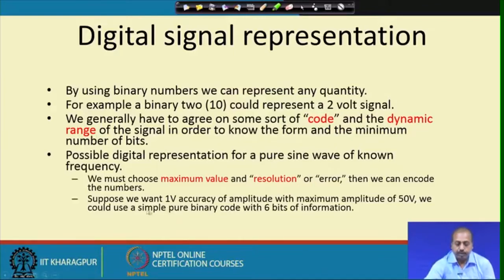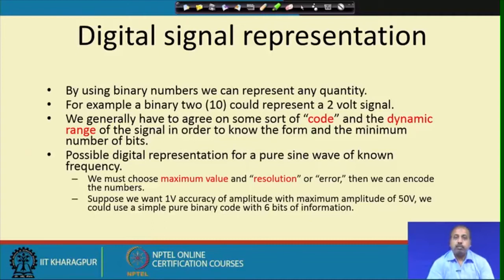Suppose we want 1 volt accuracy, and the maximum amplitude is 50 volts. So, the signal goes from say minus 25 volt to plus 25 volt in the two ranges.